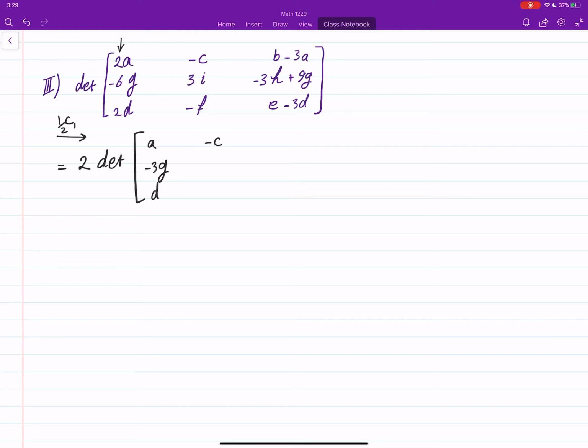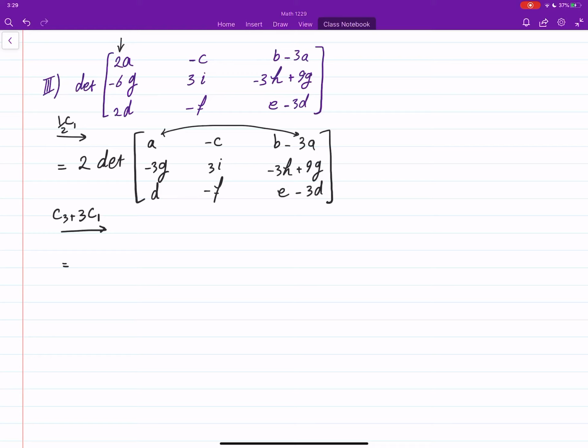3I, negative F, B minus 3A, negative 3H plus 9G, and this guy here is E minus 3D. And as you notice, the last column has some multiple of this column here, and we can get rid of those extra multiples up there by adding 3 times column 1 to column 3.